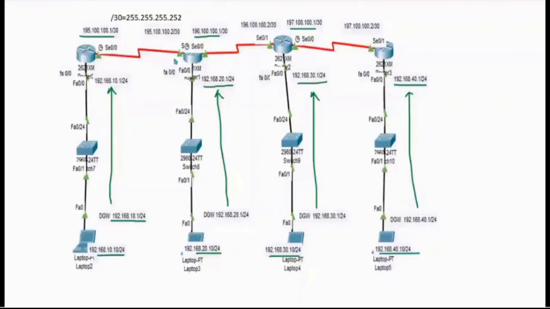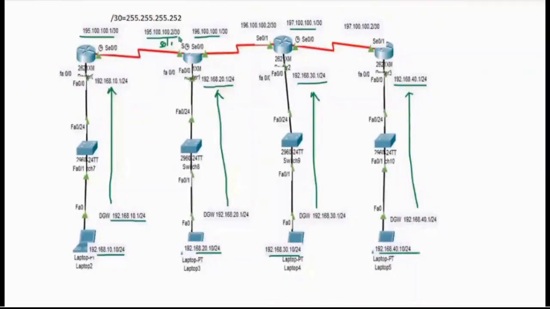You can see the router's interfaces. In between routers, from the serial 0/0 interface, the other router connects to serial 0/1 of the second router. So for the first router, serial 0/0, I have assigned 195.100.100.1/30. For the second router, serial 0/1, I have assigned 195.100.100.2/30.